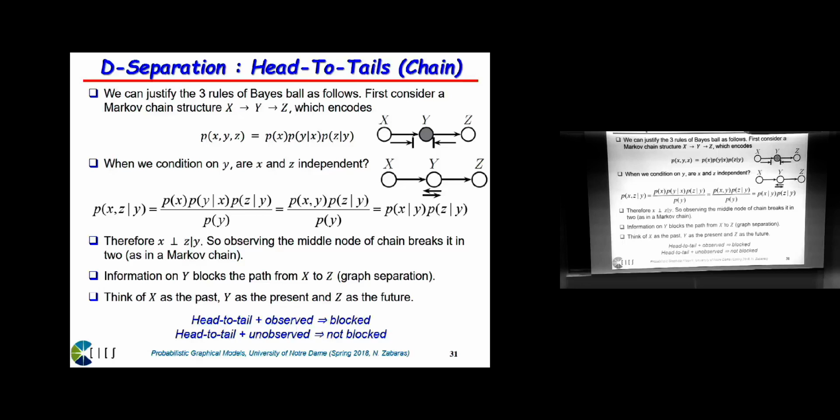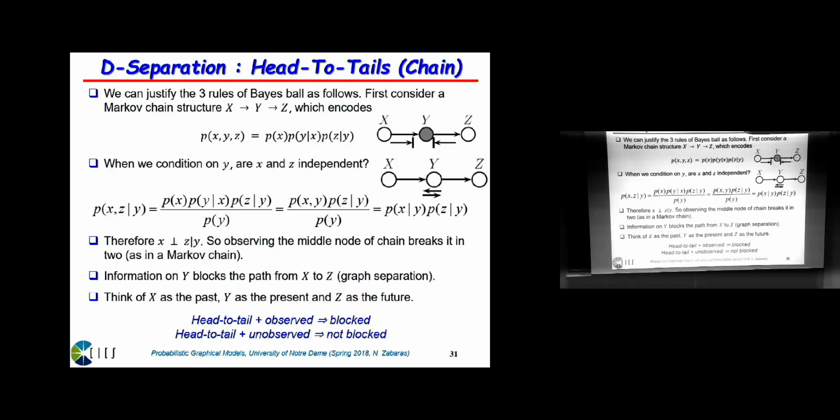If I have evidence of y, what happens between x and z? On the numerator is the probability of x, y, and z, on the denominator the probability of y. This is P of x and y, so this is P of x given y. So you notice that x and z become independent given y.